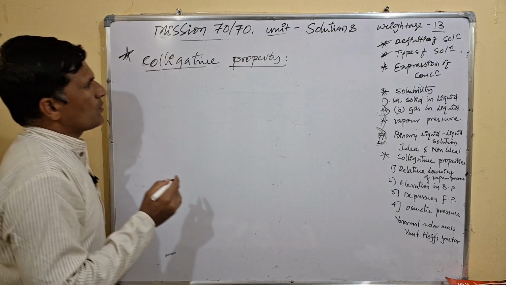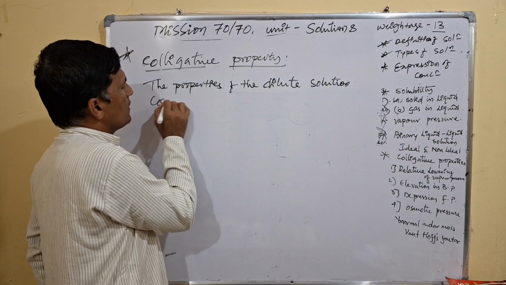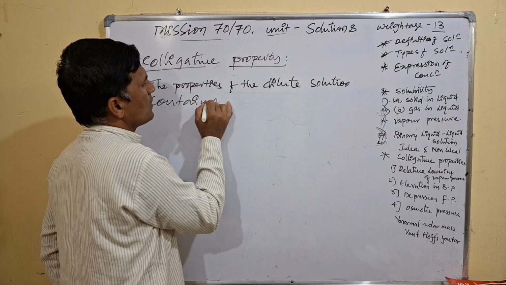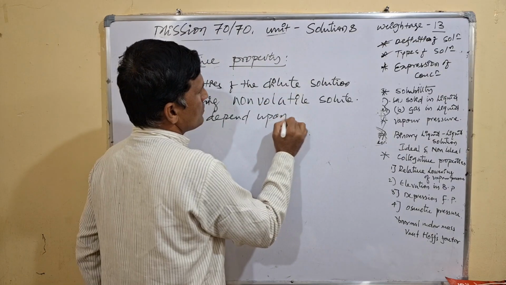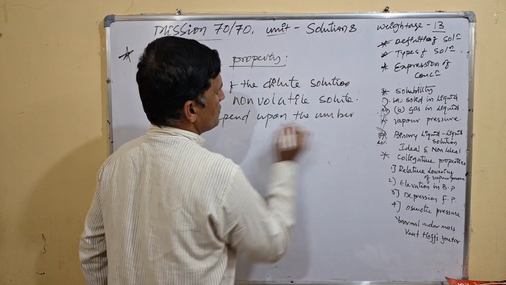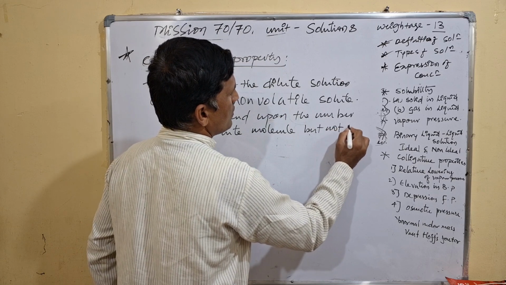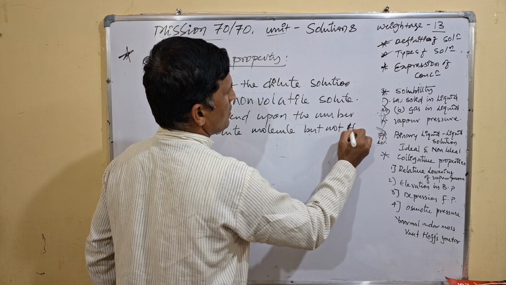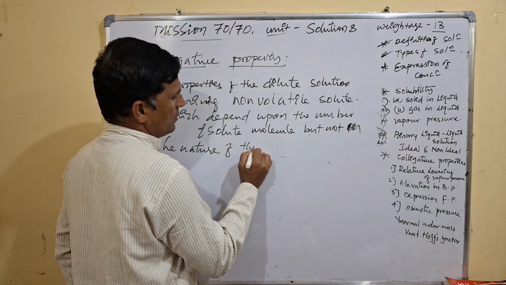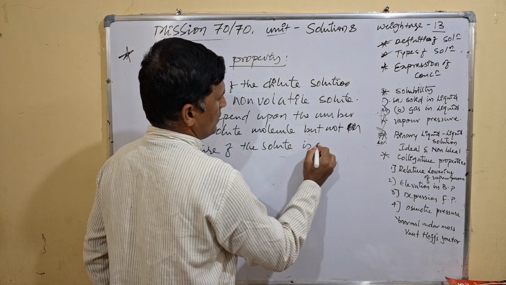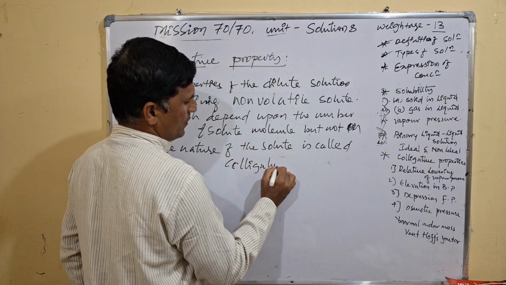So we'll talk about this colligative property, the property of dilute solution containing non-volatile solute which depend upon the number of solute molecules but not on the nature of the solute is called colligative property.